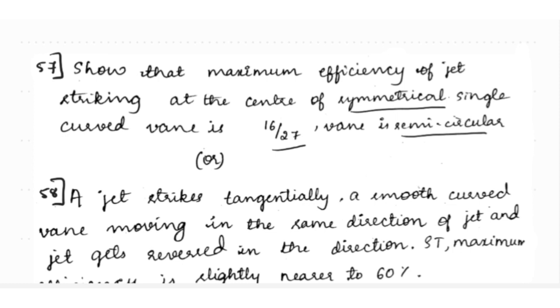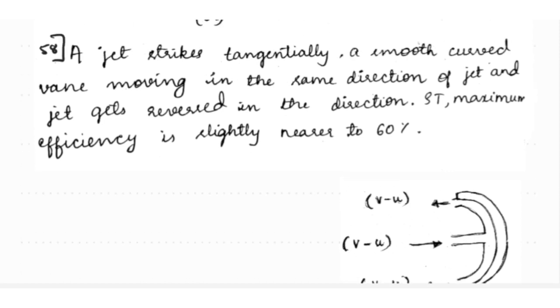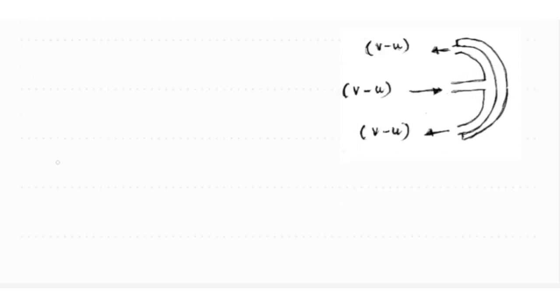So we should deal with the efficiency. Efficiency is nothing but output of jet divided by input of jet. So we'll write here eta, efficiency, is equal to output of jet divided by input of jet.